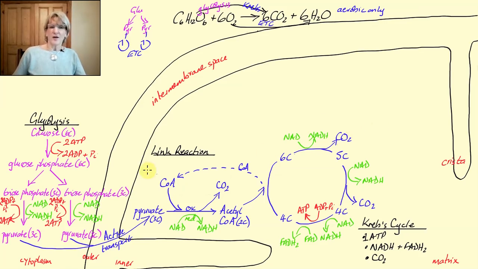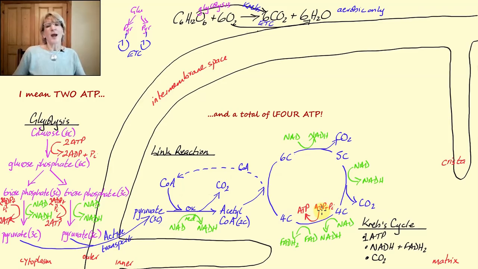Now, so far, we have got a net production of 4 ATP from glycolysis per glucose molecule, plus another 2 ATP from the 2 Krebs cycles that occur. So we've got the sum total of 6 ATP molecules from 1 molecule of glucose, which is frankly pathetic.